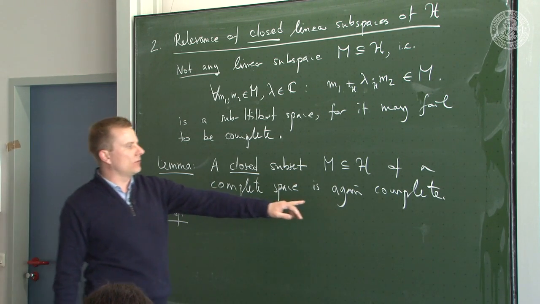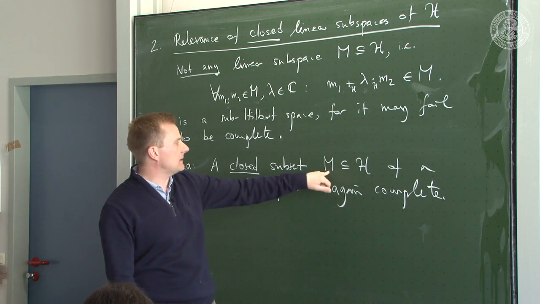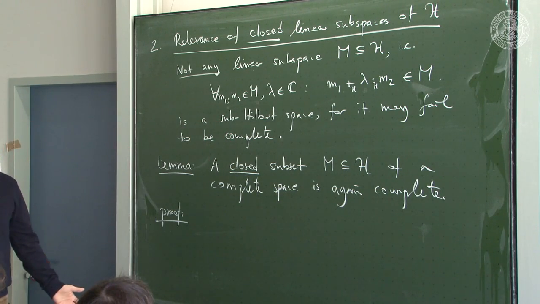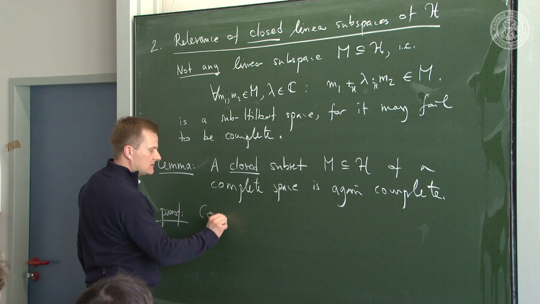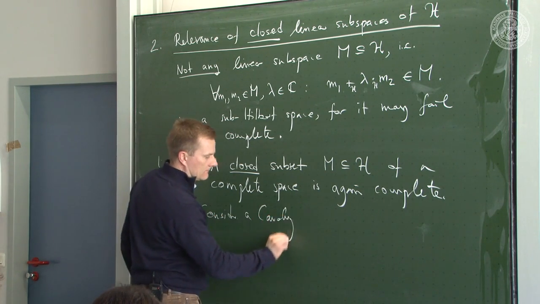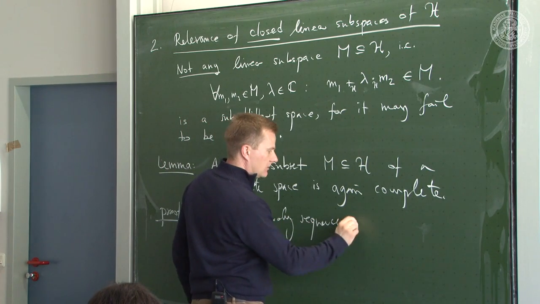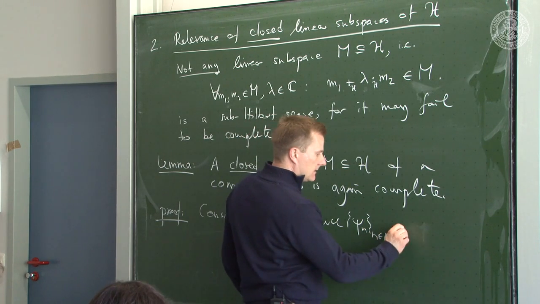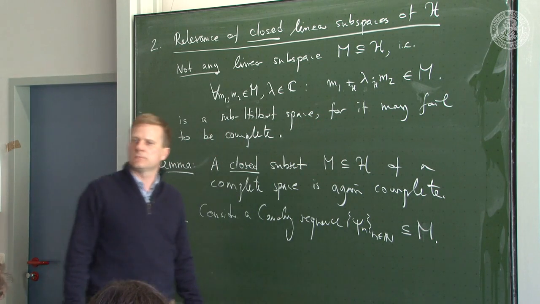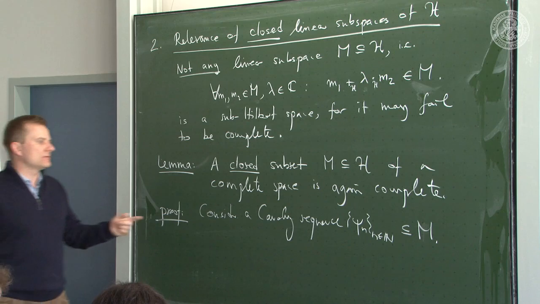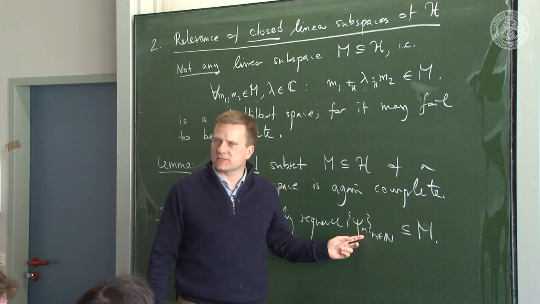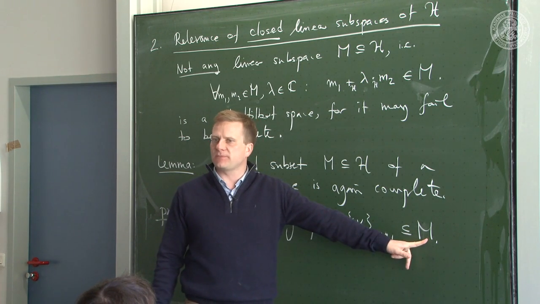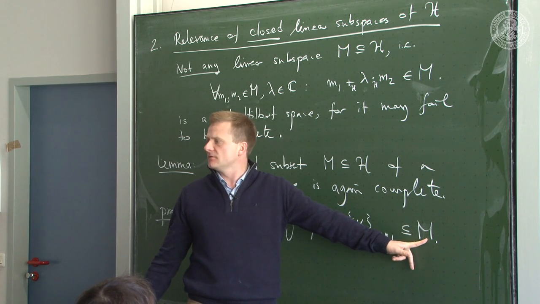Well, we want to show that a closed subset M is complete if it's a subset of a complete space. What do we need to do? We need to consider a Cauchy sequence, let's call it psi n, in the subspace. If we are able to show that this Cauchy sequence converges in the subspace, so that it has a limit that lies in the subspace, then the subspace is complete, right?